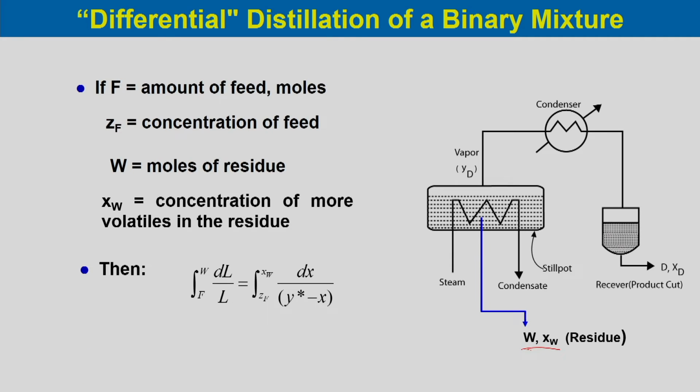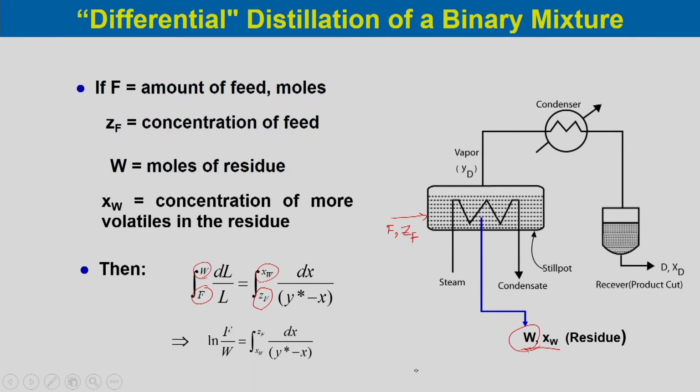Then we can integrate from F to W. Integral F to W dL by L would be equal to integral zF to xW dx divided by (y star minus x). In the feed we had at the beginning F and zF, and this changes to W and xW. So, the limits accordingly change: F to W and zF to xW.